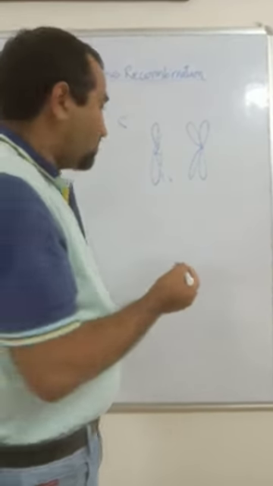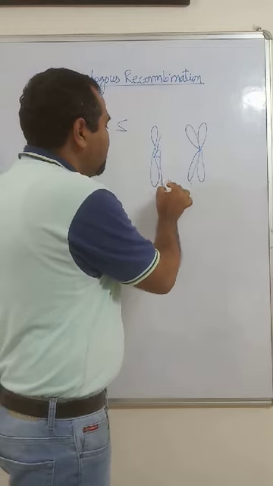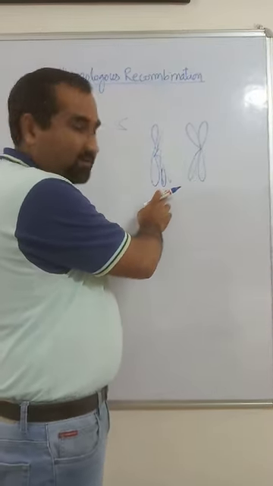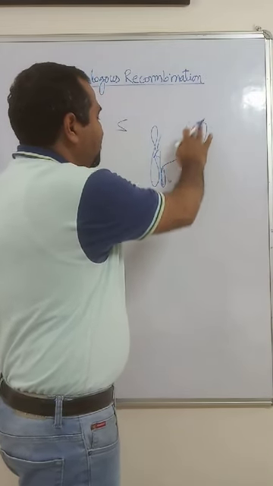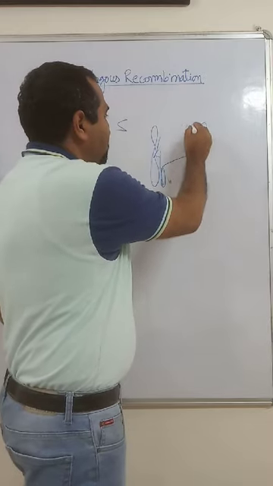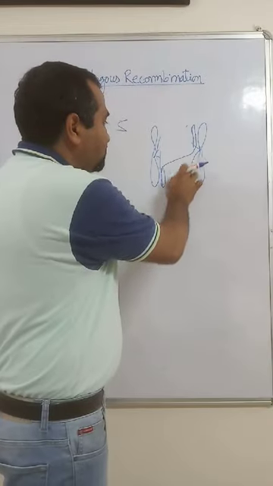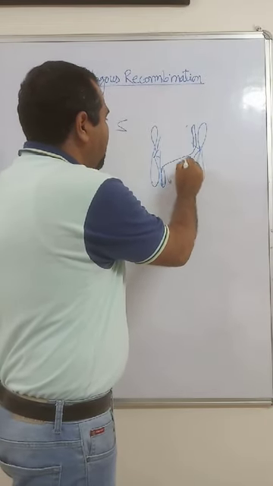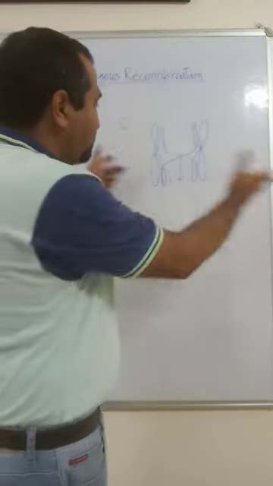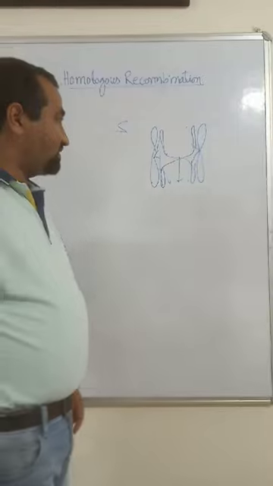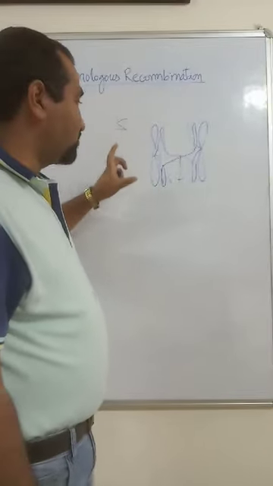And in the copy choice model it was believed that suppose one portion of this chromosome is formed here, and now it will switch to synthesizing another copy of the second chromosome. Ultimately, this chromosome synthesizes one copy and then switches to this copy. And after some time, both the chromosomes separate with one copy of replicated chromosome.